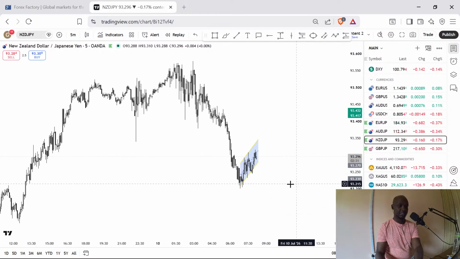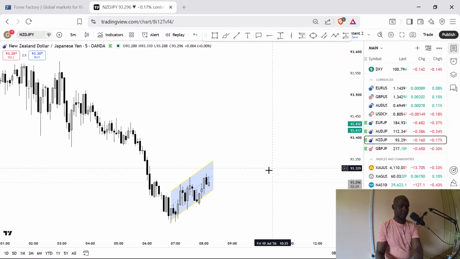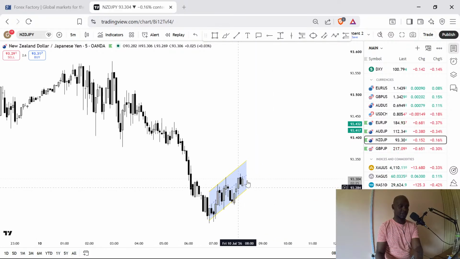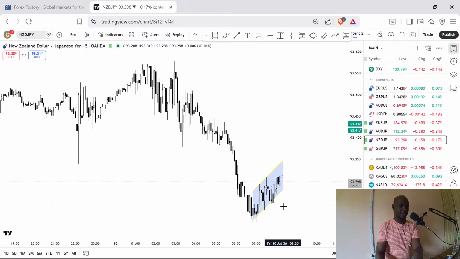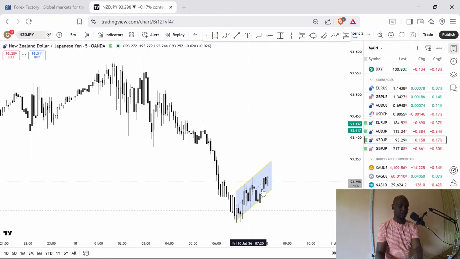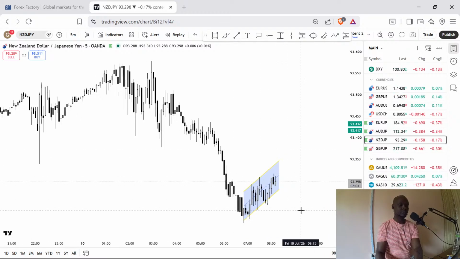Now alternatively, because we're already seeing we've got this push and we have this sort of a flag, if price continues pushing lower and it pushes lower very aggressively, then I'll be looking to take short entries. Now, this will need to be some really strong selling pressure coming out of this sort of correction.